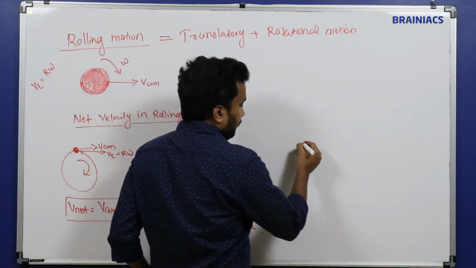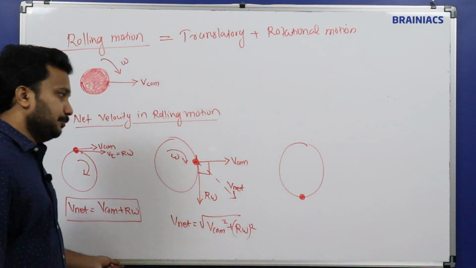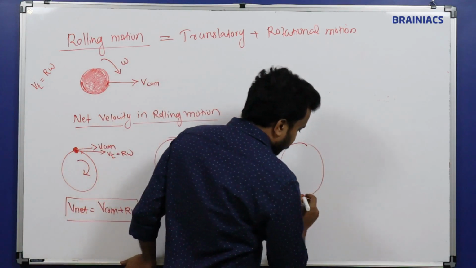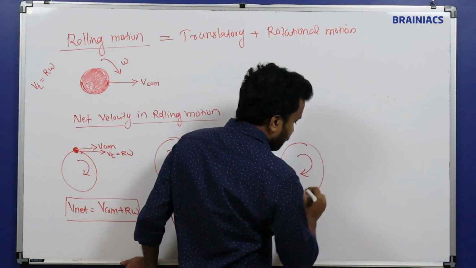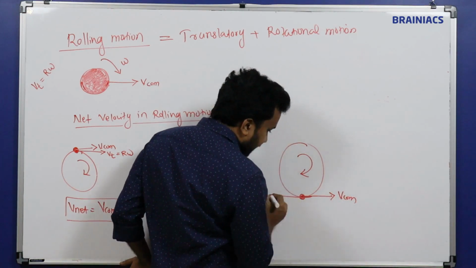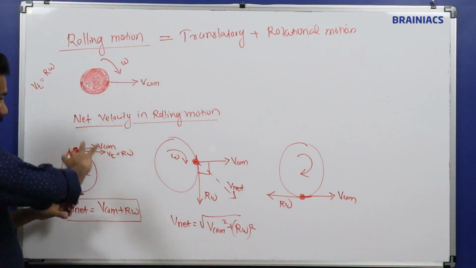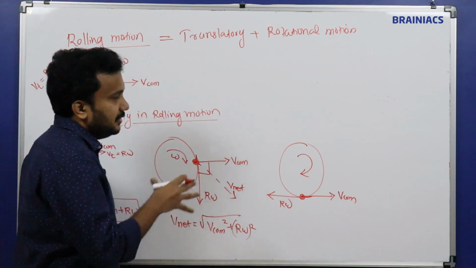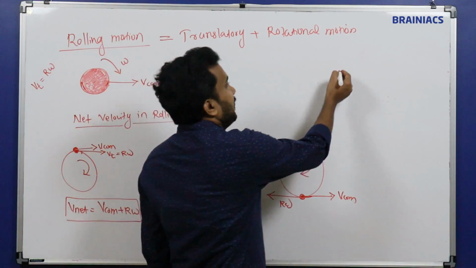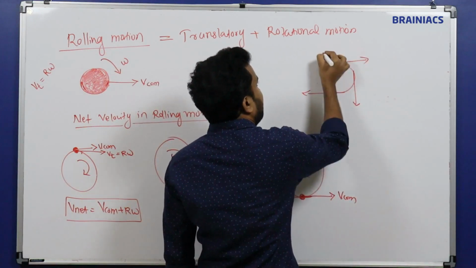Next case, when the particle is at the bottom position, we are still moving forward. So our motion will be forward, so there is a Vcom, but there is a tangential velocity R omega in this direction. If it is completely rotating, at each and every point there is a tangential velocity, tangential like this, like this, like this.